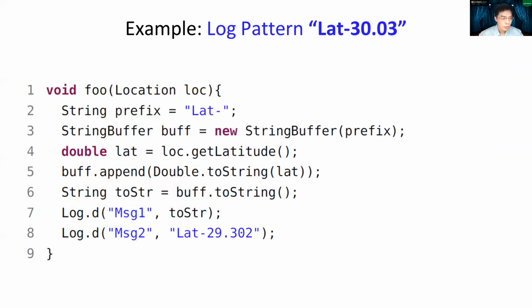First, as you can see in line 2, we initialize a string constant without taint. Here we have a variable tracking the string value LAT and hyphen. Then we propagate it into the string buffer.